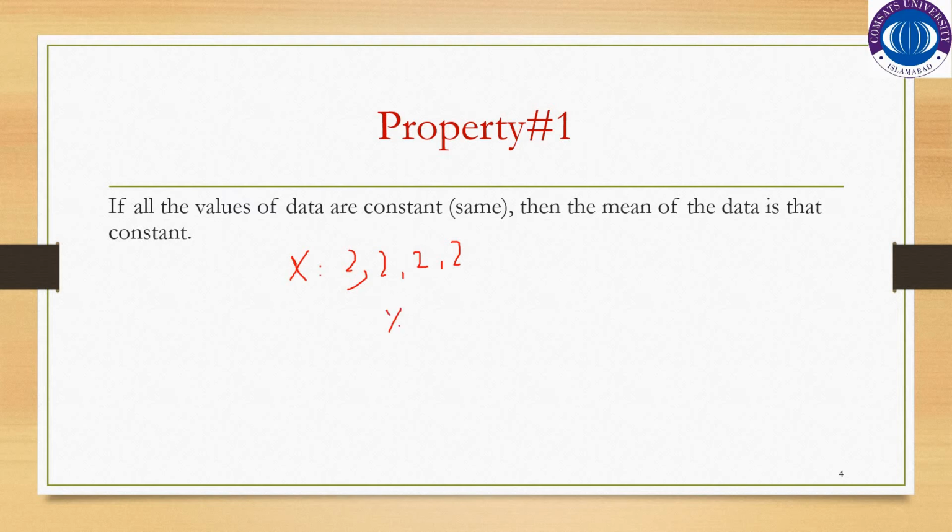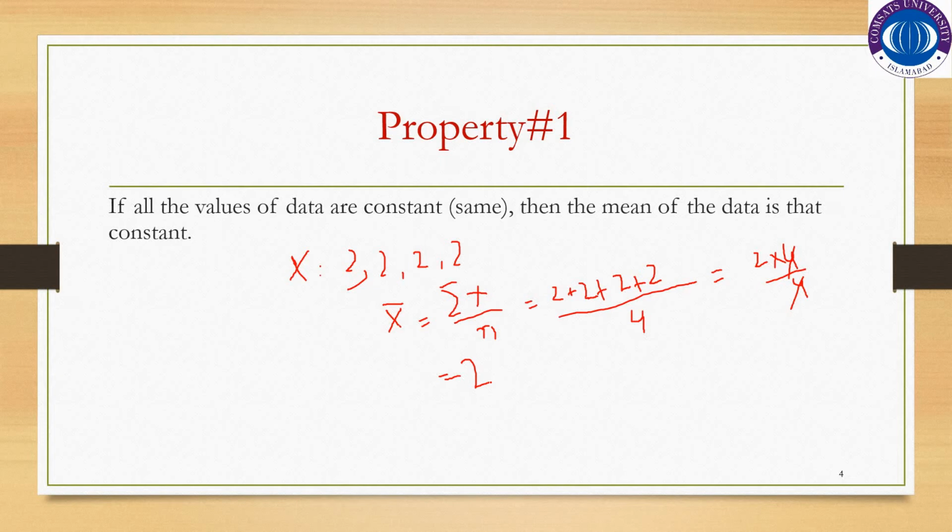So, when we calculate x bar, what will be the mean? Sum of observations divided by number of observations, that is equal to 2 plus 2 plus 2 plus 2 divided by 4, which is equal to 2.